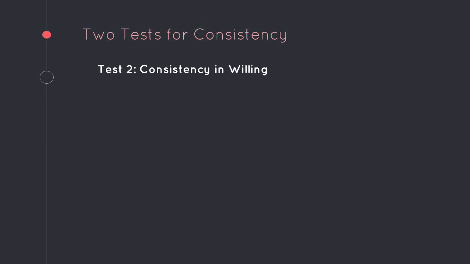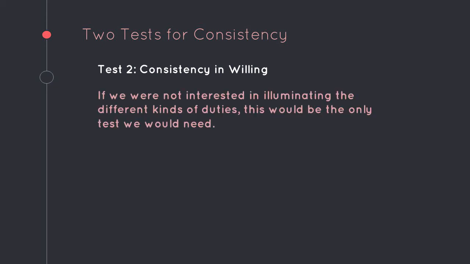But if a maxim passes the first test, if I can conceive of me acting on the maxim while everyone else is living by the law, then we move on to the second test. And the second test is one of consistency and willing. Now, if we were not interested in illuminating the different kinds of duties, then we would only need the second test.